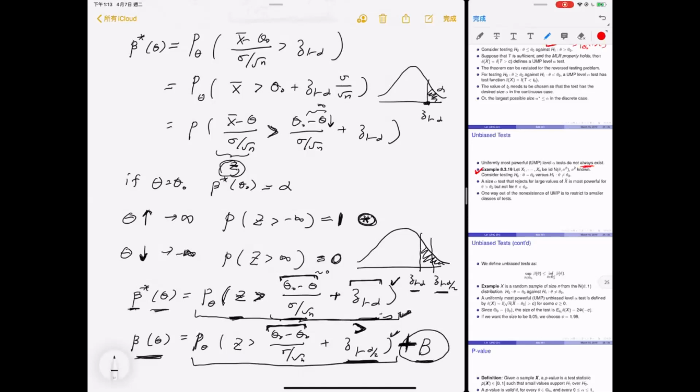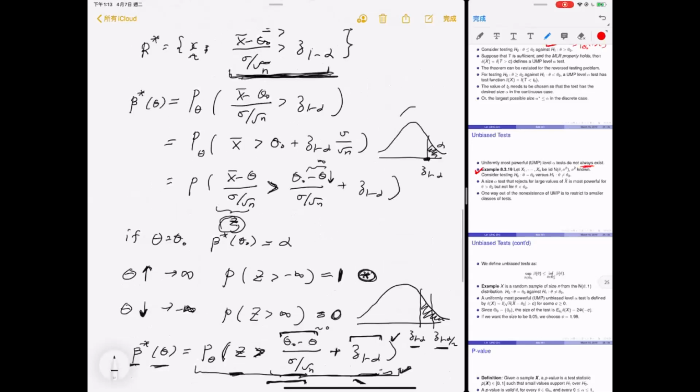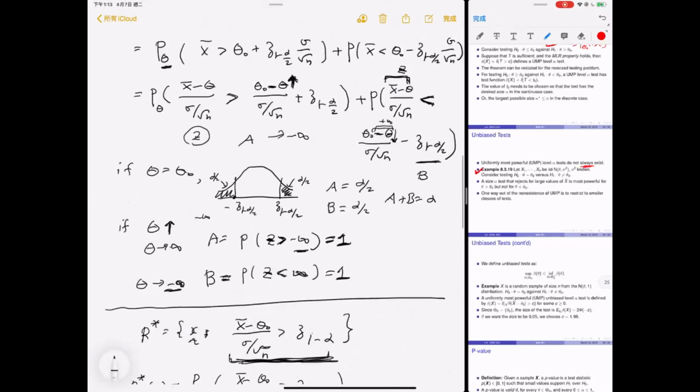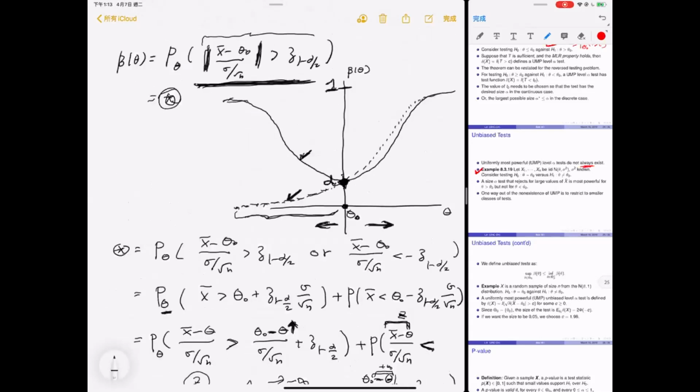All I'm trying to say is, even if the test is lousy, I do have some area of thetas where my power is slightly larger than your power, which means that you cannot claim U as a UMP test. Making sense?